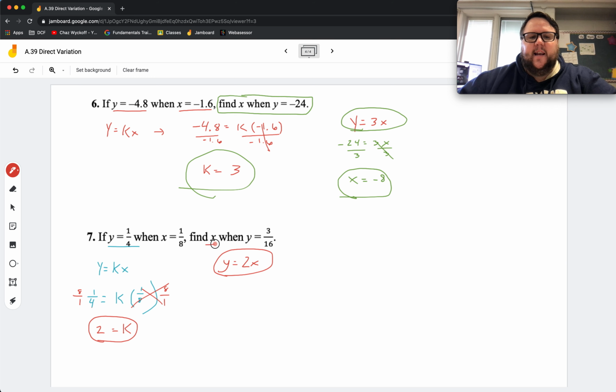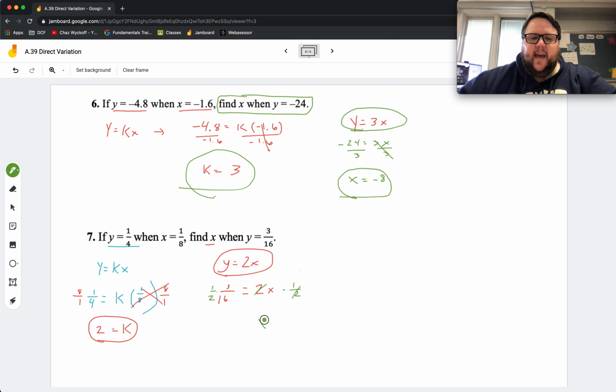Now they want me to find x when y is 3/16. So I'm going to plug in y: 3/16 equals 2, my constant of variation, times x. To make it a little bit easier for you, we can divide both sides by 2, or I can multiply both sides by 1/2, because when we're multiplying fractions, it's easier to do it that way.